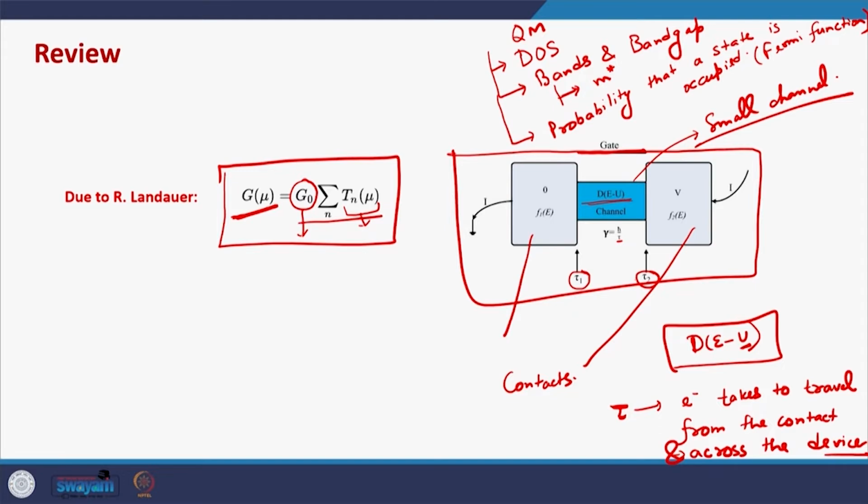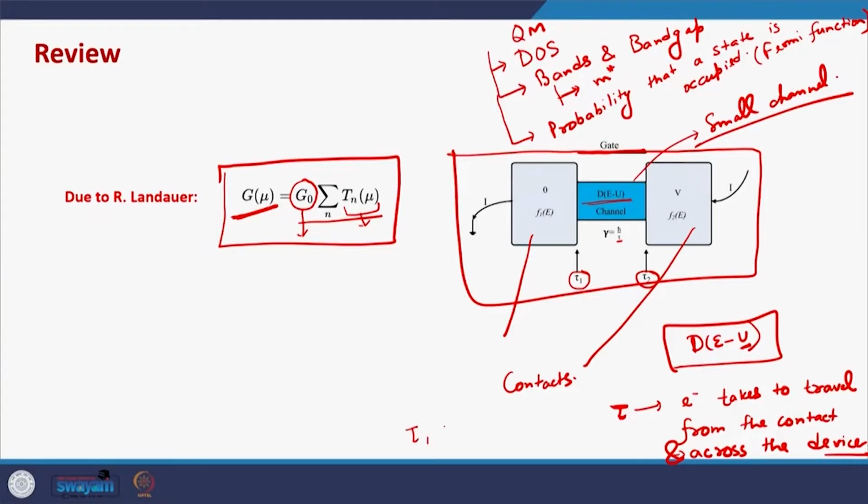Okay. Generally, in most of our devices, both the contacts are identical, and in that case tau 1 is equal to tau 2 is equal to tau.